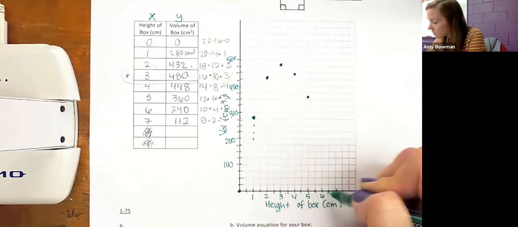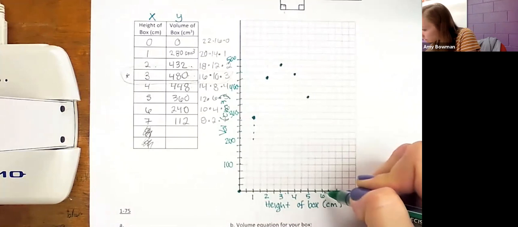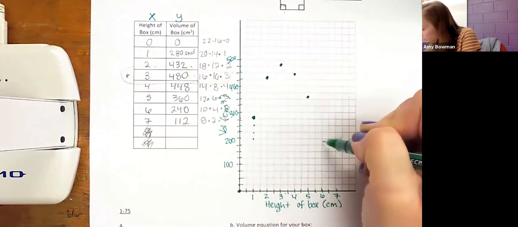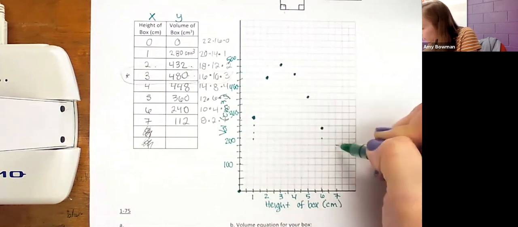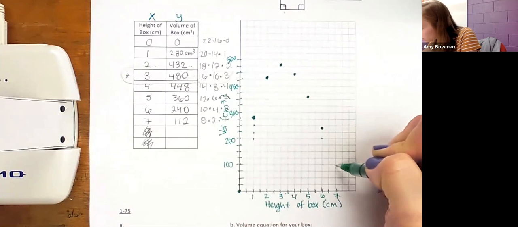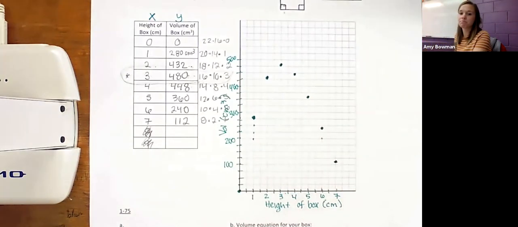And a height of 6, 240. And 7, 112. All right. So these are my points on my nicely scaled graph.